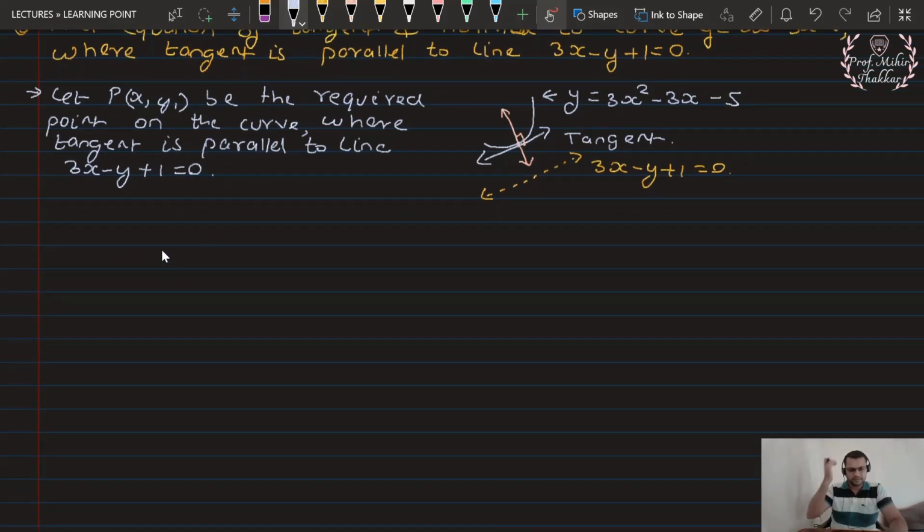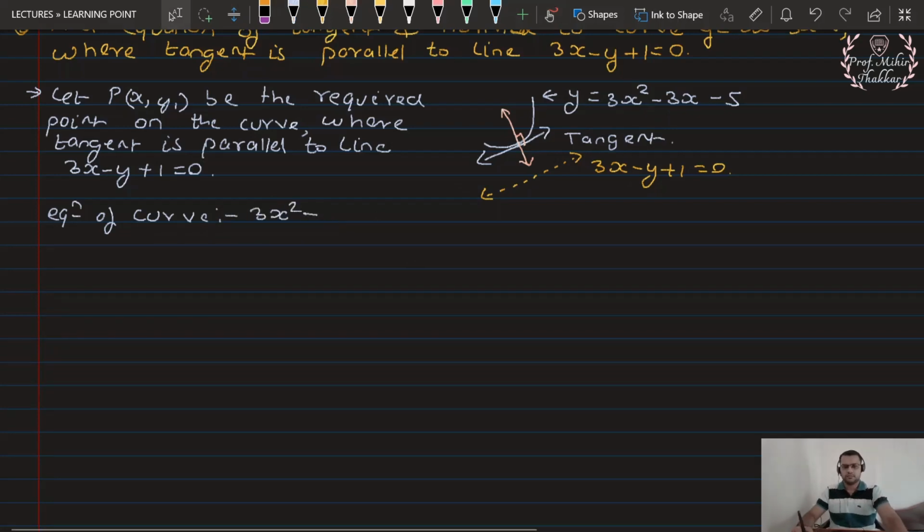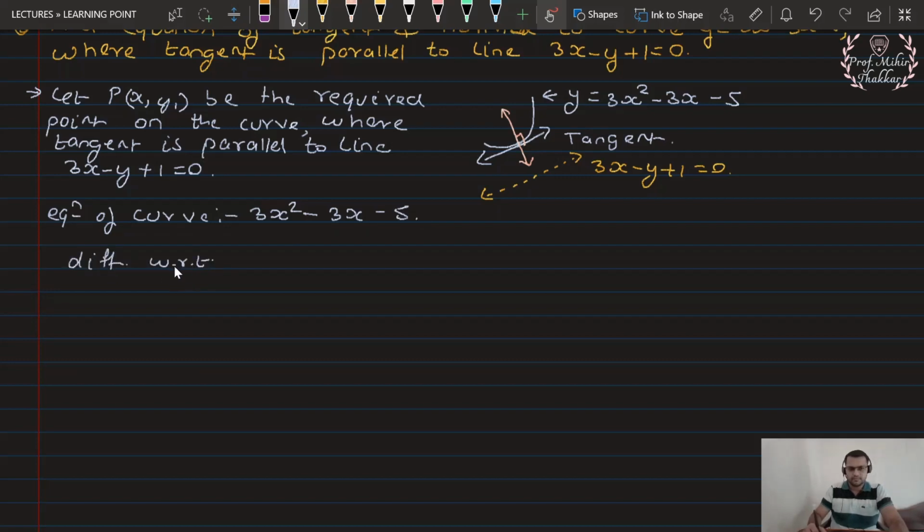So in that case, we start with the equation of curve, which is y equal to 3x square minus 3x minus 5. Differentiate this with respect to x, so you get dy by dx, derivative of this is 6x minus 3.